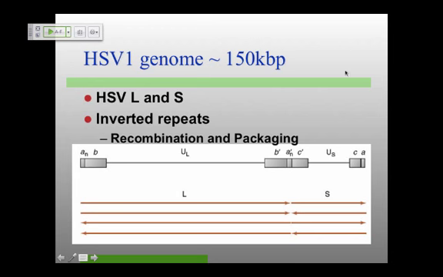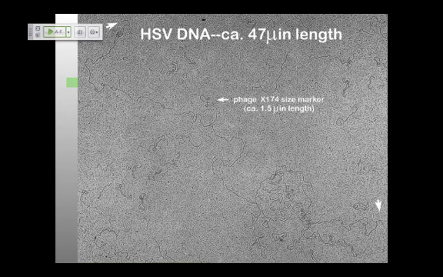This is a really big genome as far as viruses are concerned. In fact, it's the largest one that we've looked at so far, about 150 kb. And just to prove that it's really big, here's a micrograph where we've got the phiX174 genome right here, this little black line.